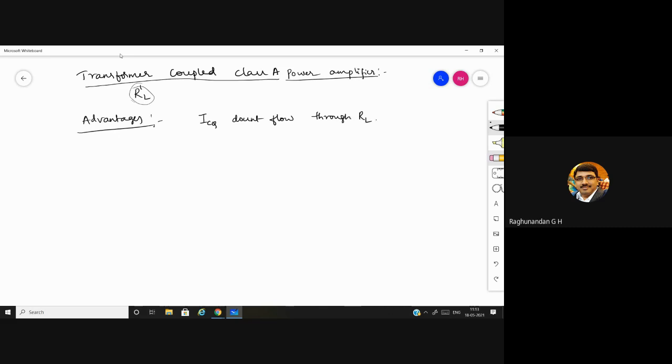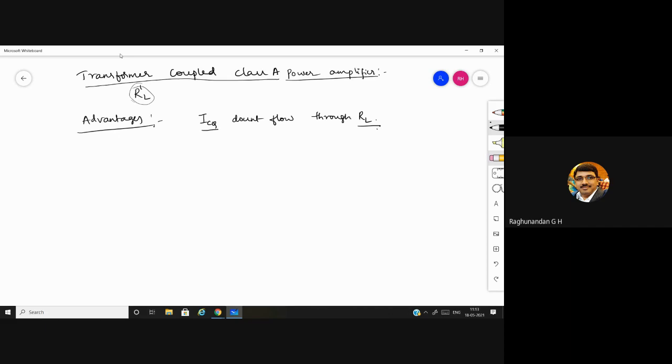So we are isolating DC from RL, because in our earlier case, DC current was also flowing through RL, and across RL we were getting the AC collector current, the amplified version of the input signal. So there was a mixture of AC and DC at the load resistance, but here ICQ is not flowing through RL. The DC current is completely isolated from the load resistance. That is one of the advantages.